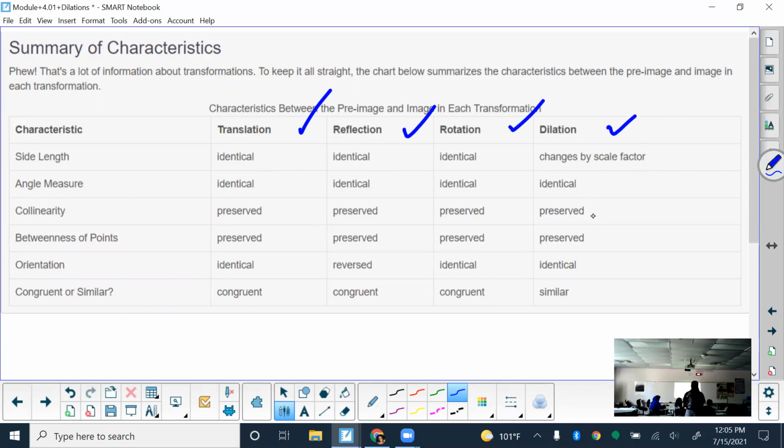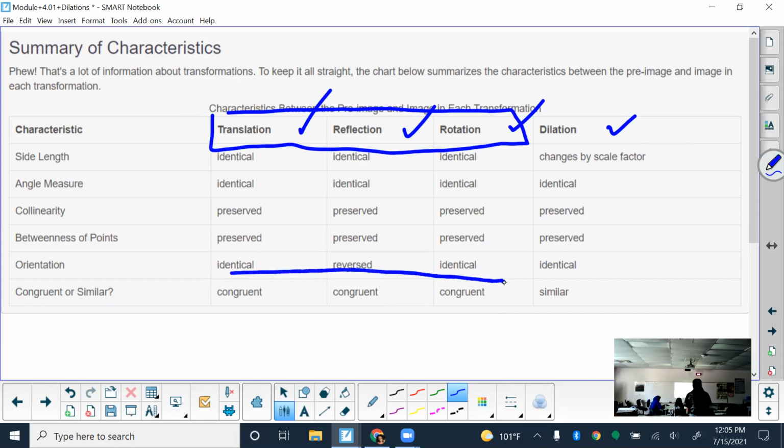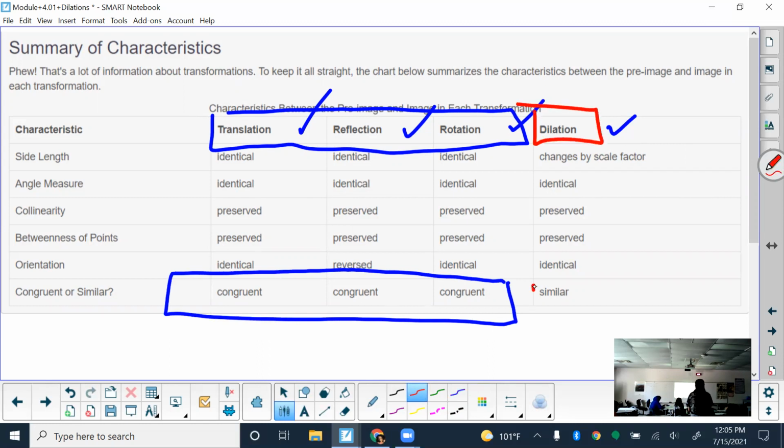The other things are the same as before, but that's the main thing. Questions? So before, when we were doing these three types of transformations, rotation, reflection, and translation, notice that they all made congruent images. But in dilations, they're not congruent, but they are similar.